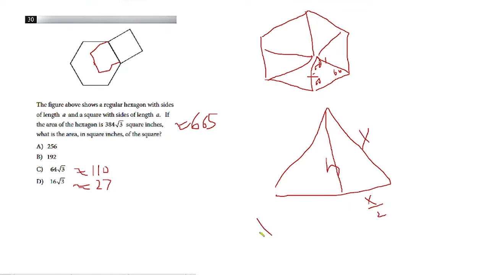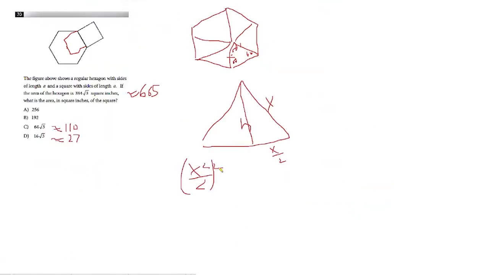So we have x over 2 squared, let's zoom out a little bit, plus h squared equals x squared. This is not x squared, it's just 1x here. So then this becomes x squared over 4 plus h squared equals x squared.